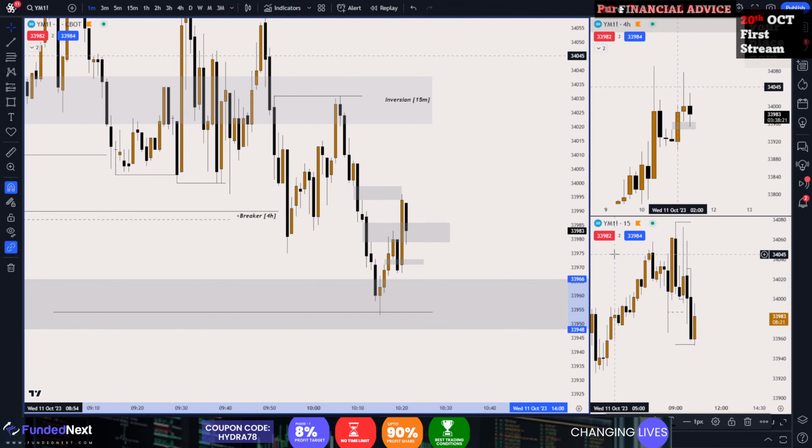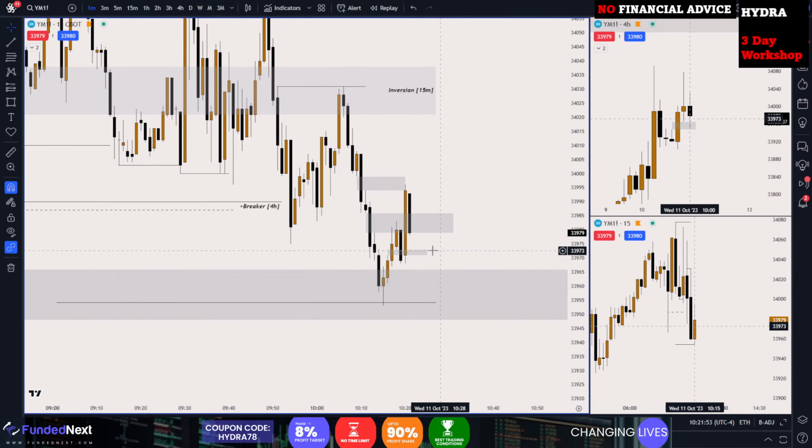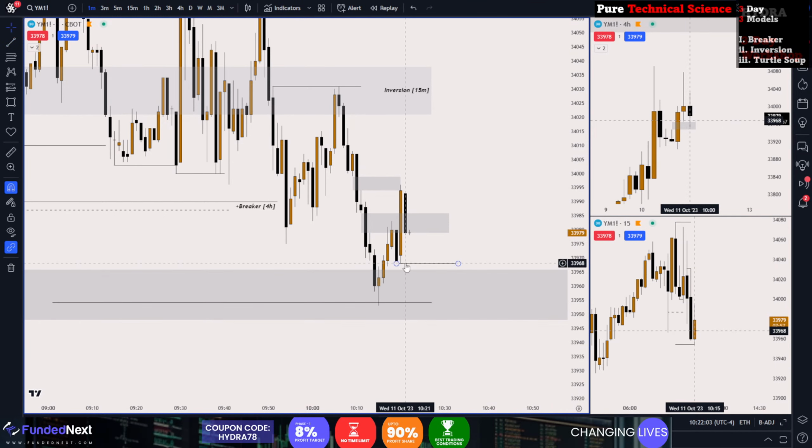So yeah, looks like this relative equal low will remain intact, because I don't see it on Nasdaq and on ES. But I'll wait before projecting a setup. Let's see if price retests this fair value gap again. We have these relative equal lows down here. That's what I'm watching.